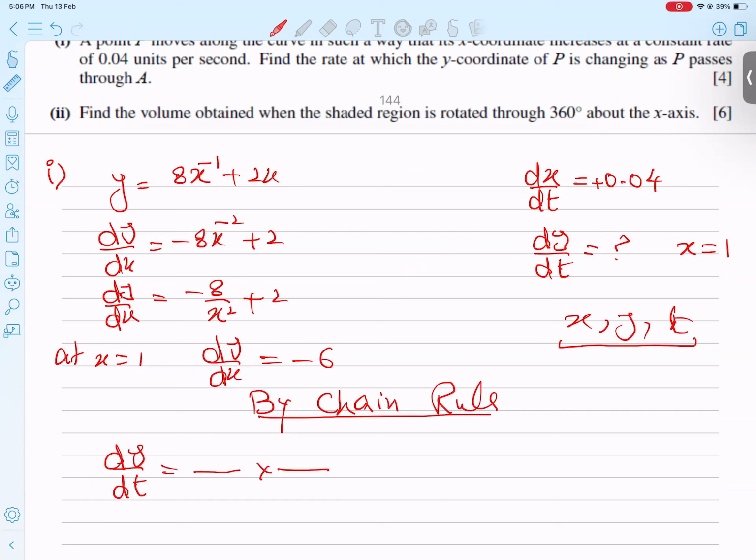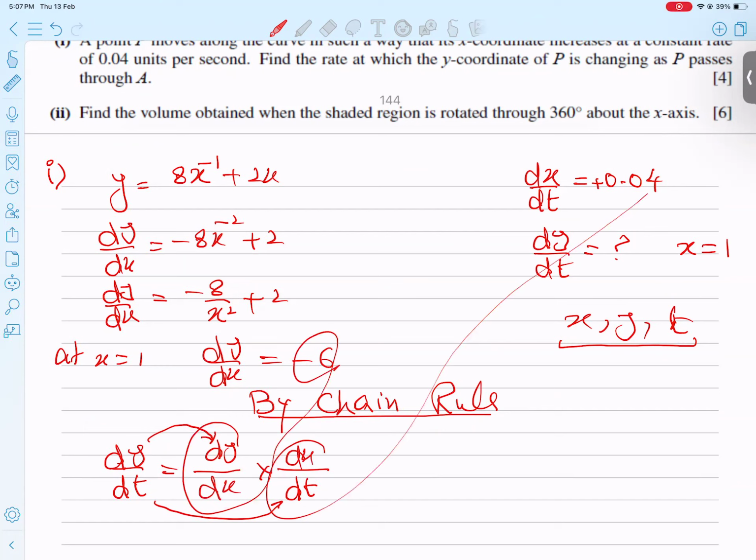I will write two fractions. dy will come in the first numerator, dt will go in the second denominator. Now I have used y and t, so what is left behind is x, which will come here and here, dx up and dx down, that's it. And this value I will get from here, and this from there, and simplify.